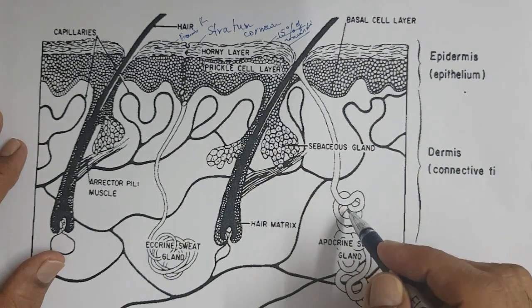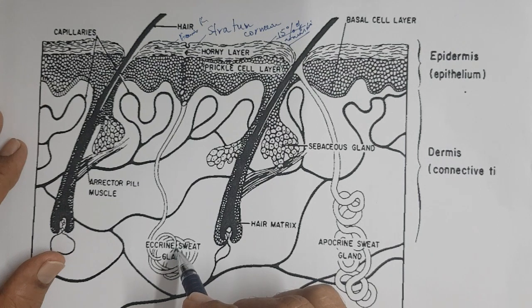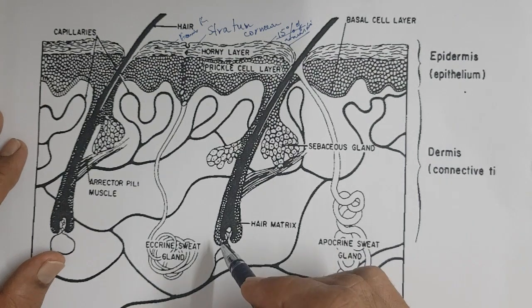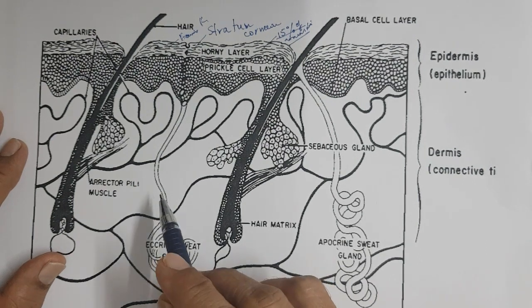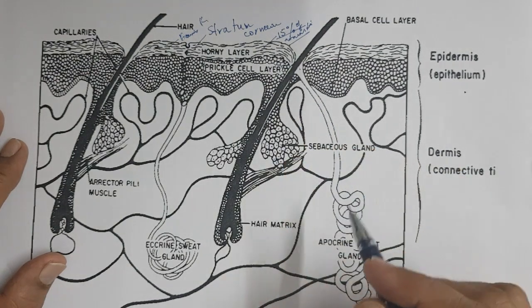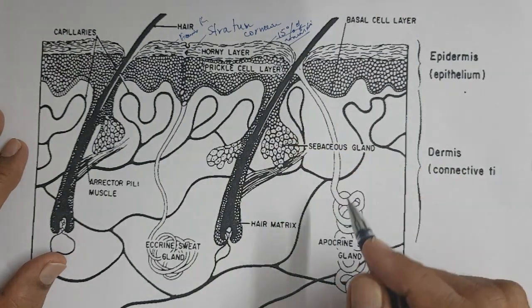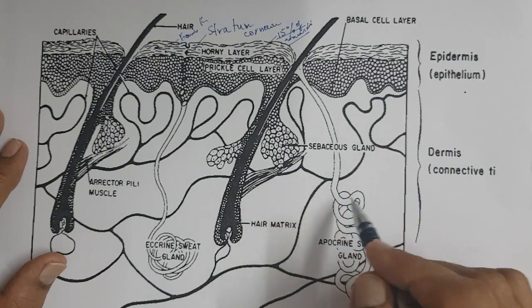Next, there are 2 sweat glands called the eccrine sweat gland and the apocrine sweat gland. The eccrine sweat gland is present at the time of your birth. The apocrine sweat gland is formed only after puberty, after a certain age, 13, 14, 15, that age, right?